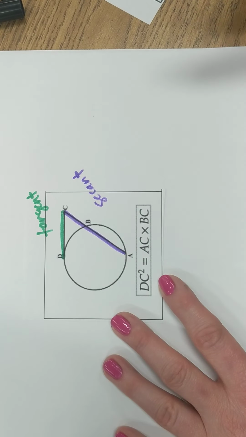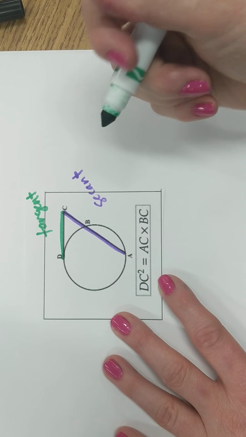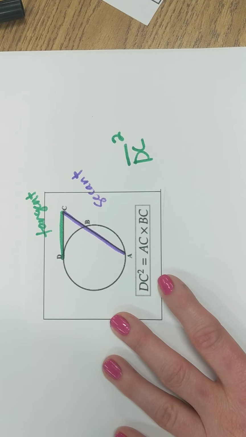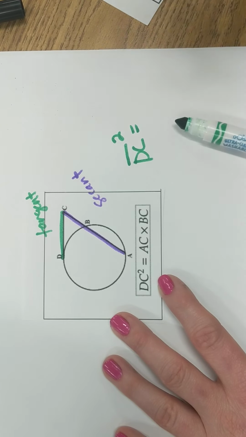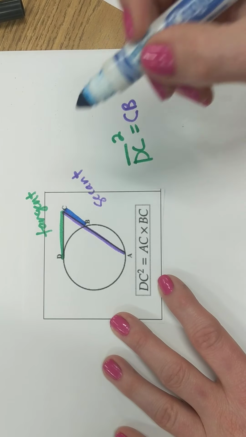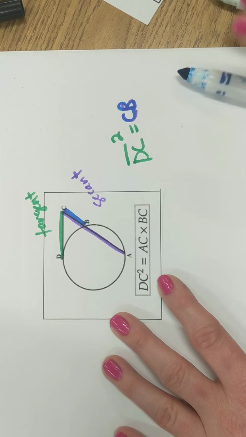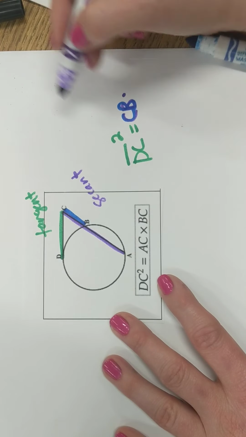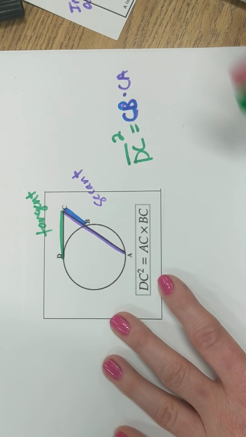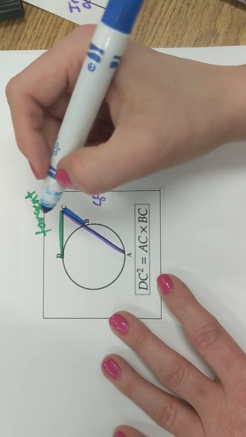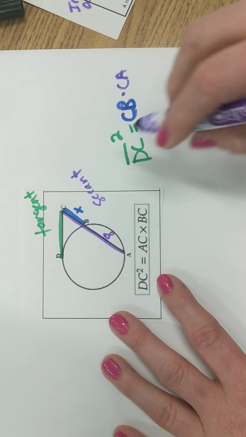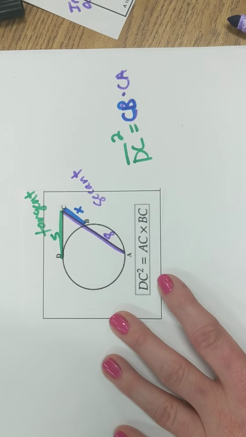Okay, so the rule says that the tangent, that's DC, times itself, equals the outer part of this, CB, let me put that in blue, times the whole thing, CA. And so let's put some numbers in here so that we can make this work. Let's call this X, and let's call that 8, and let's call this 5.